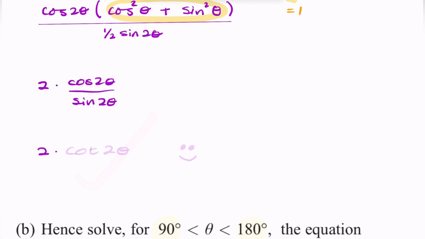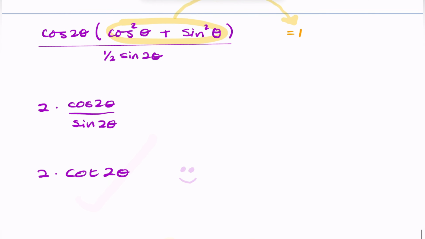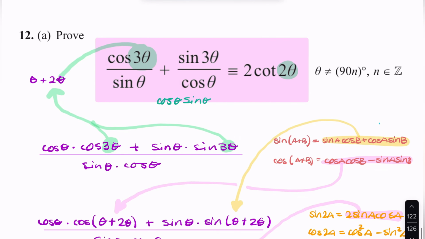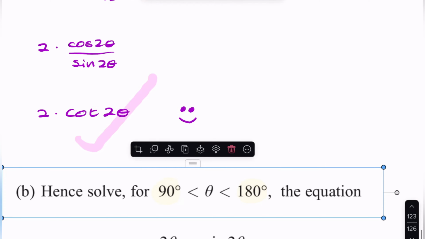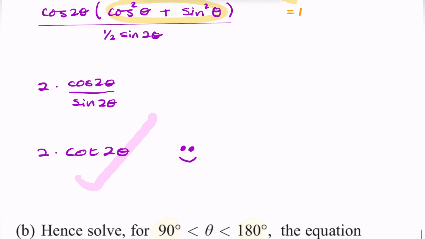So that's 2 times cotan 2 theta, and that's what we were asked to find in the question, so that's part A complete.